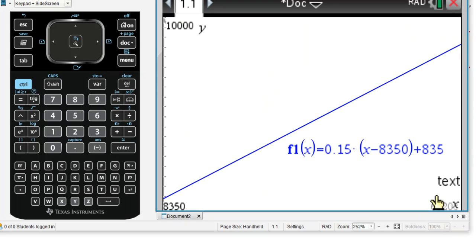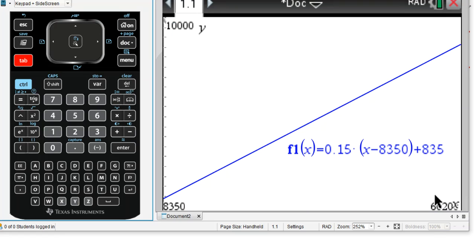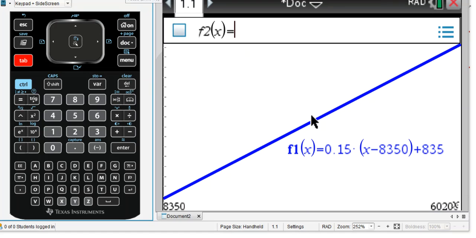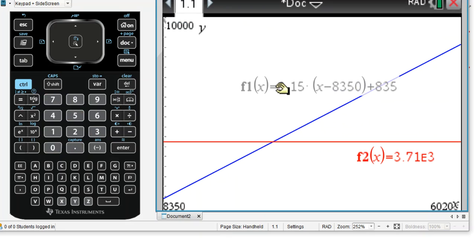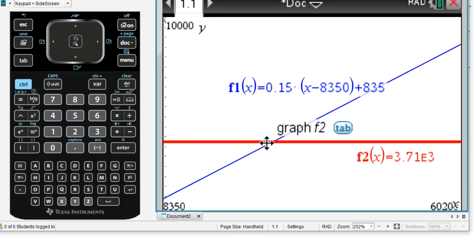But I think an easier way would be to graph a second equation. Press the Tab key to bring up that menu. And in this equation, we're going to type our target, which was $3,708.55. This will create a horizontal line that represents our tax amount, I should say, not tax rate.